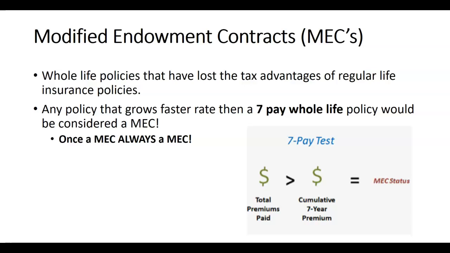Consequently, many of these types of policies were purchased solely for the purpose of setting aside large sums of money for the tax-deferred growth, as well as tax-free cash flow available via policy loans and partial surrenders. So when we see a MEC, it doesn't pass the 7-day test. So what is the 7-day test?